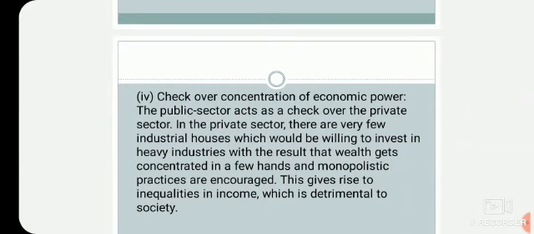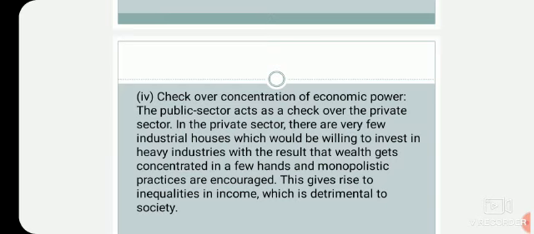Next, check over concentration of economic power. This means the economic power should not be in the hands of a few people, especially the private sector. So the economic power should not be monopolistic. So what does monopolistic mean?